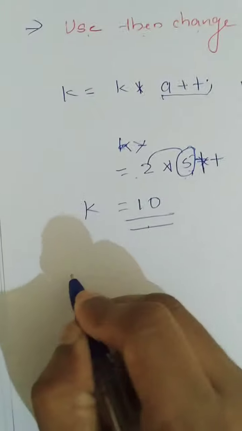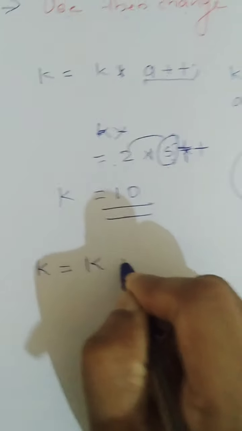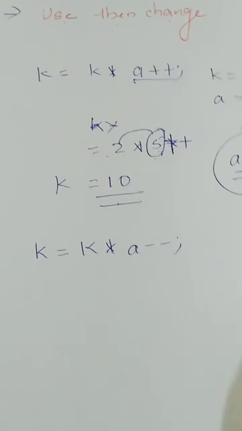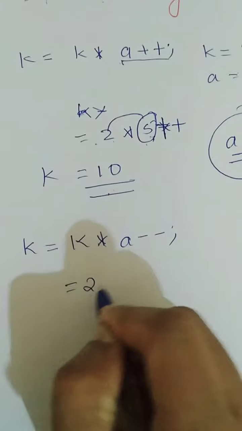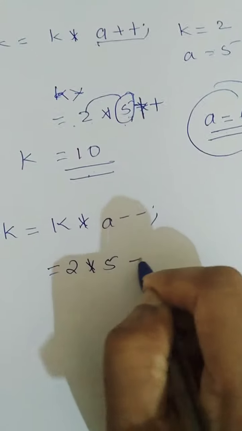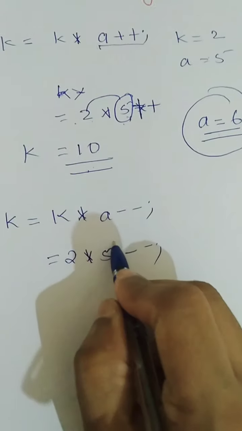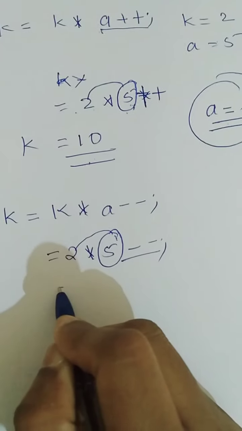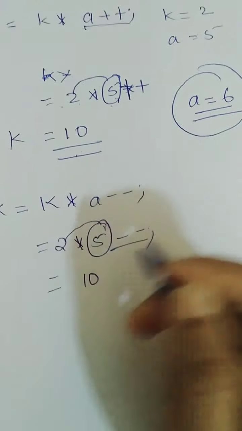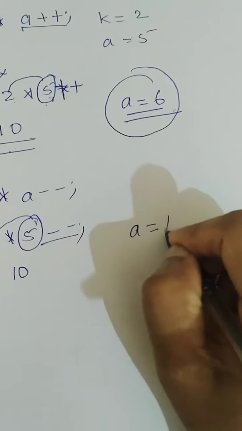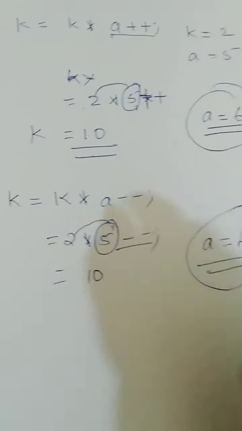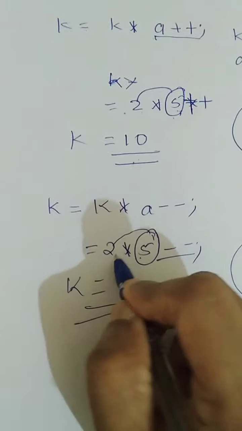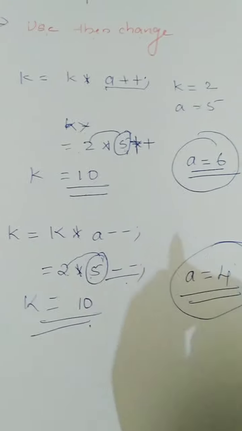Now we'll give another example, same example, k = k * a--, that is 2 * 5--. Since it is postfix, it will use the variable and then only it will change. So it will give 10 and a's value is now 4. a's value is 4 and k's value is 10 because it used the value and then only changed the value in an expression.